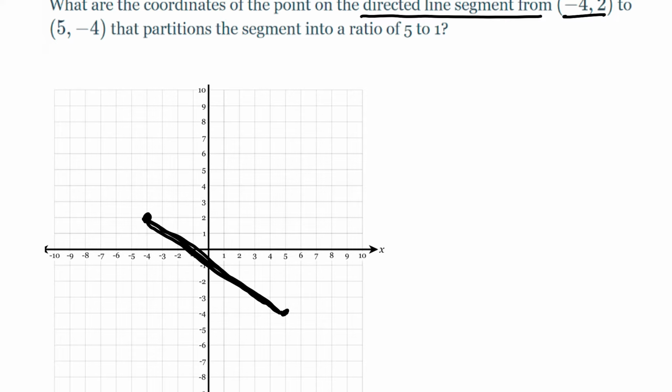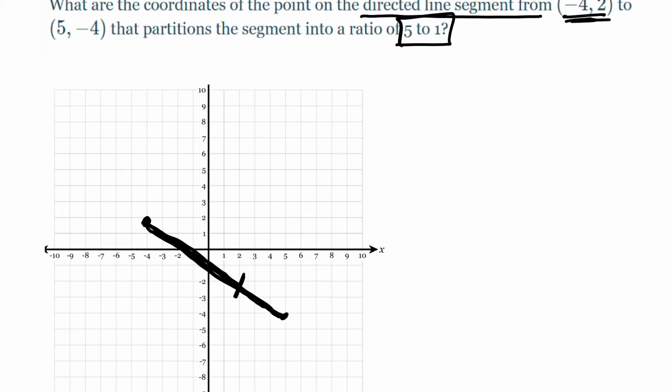Since it told us the direction is from -4, 2 to 5, -4, and the partition is a 5 to 1 partition, that means the 5 segment is going to be the longest segment first, going in our direction. I'm not exactly sure where it's going to be, but I know it's going to be somewhere along that line, and it's going to be closer to our second point because it's a 5 to 1 ratio.